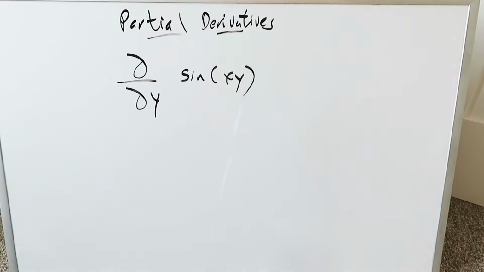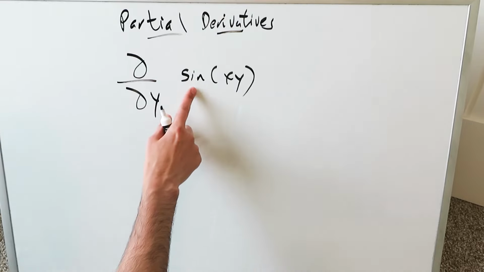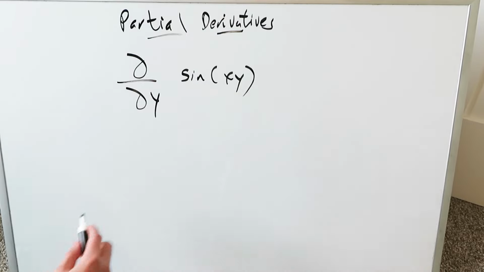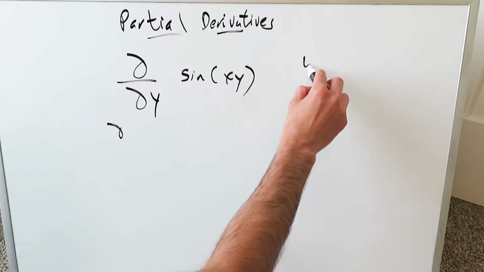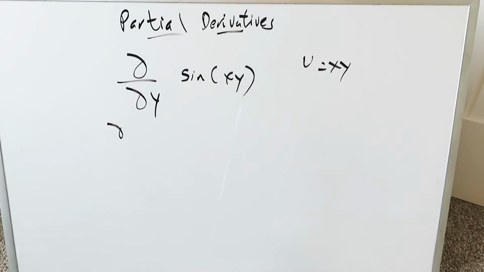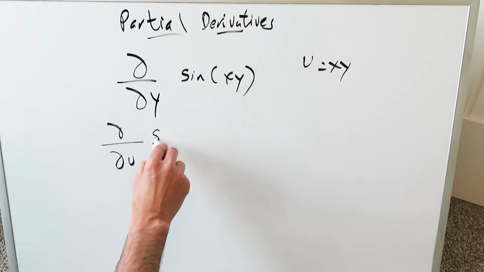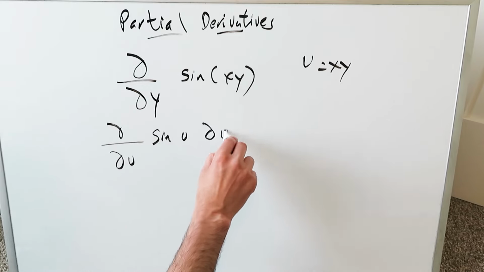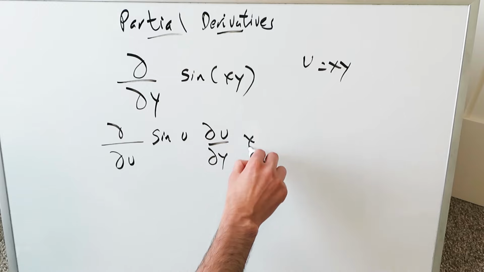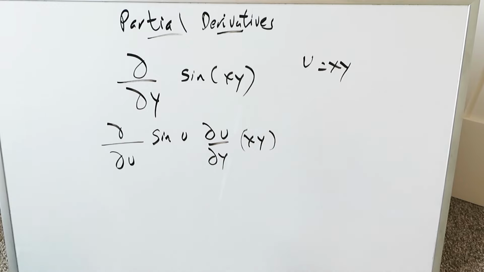Now we increase the complexity just a tad bit. We're looking at the partial derivative with respect to y of this, sine xy. Now bring in the chain rule. If u is equal to xy, you can use that. Derivative or partial derivative with respect to u is equal to sine u, and then the partial derivative of that u with respect to y, you're looking here at xy. Now consider this, the derivative of this is easy, it's cosine u.